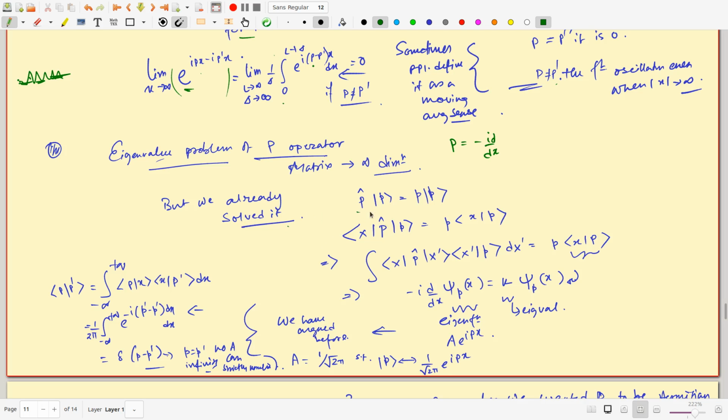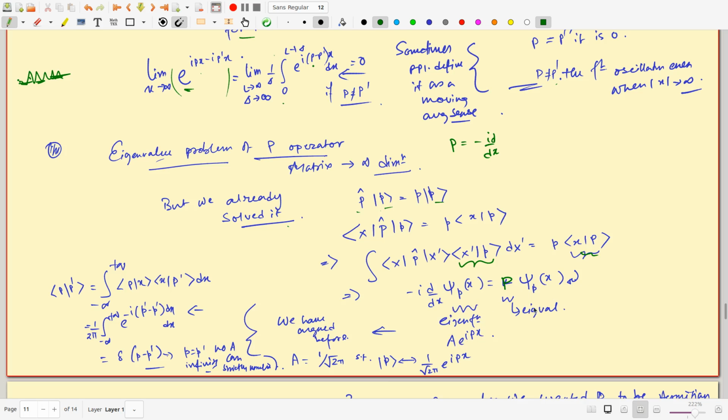Let's say this p operator has some eigenket |p> and eigenvalue p. If I sandwich it with an <x| and put in the resolution of identity, I can identify it as the problem of a momentum space wave function, some function psi_p(x), which satisfies this equation with eigenvalue p. This is basically a first order differential equation, and we know the solution.